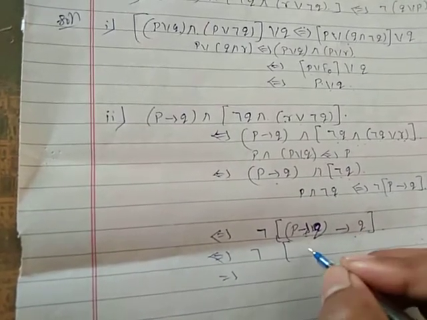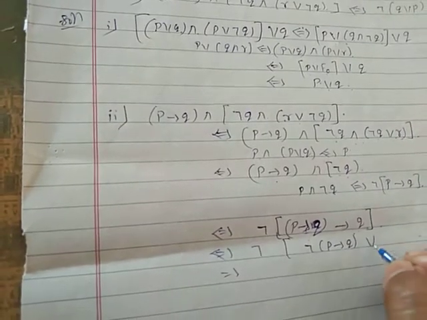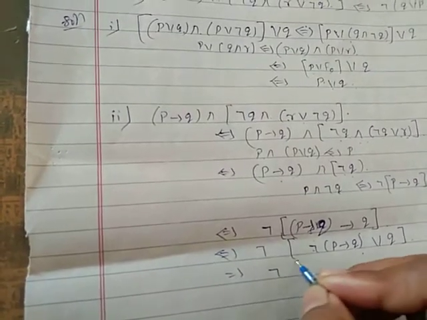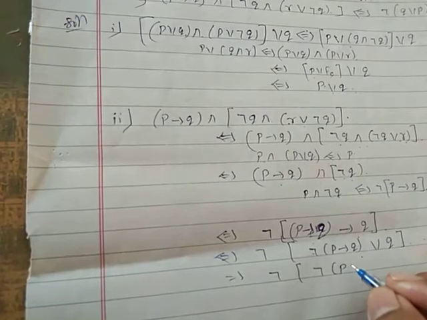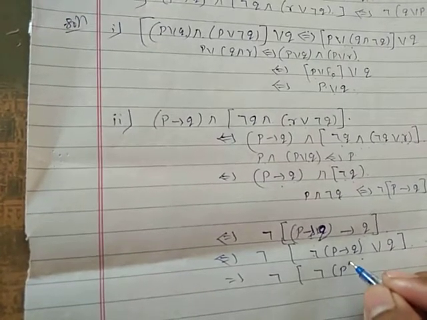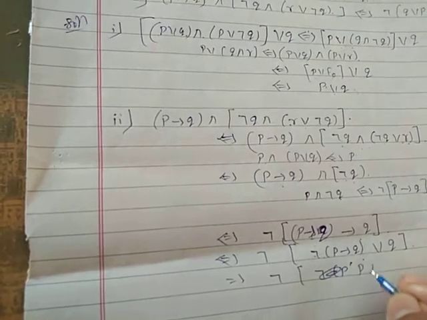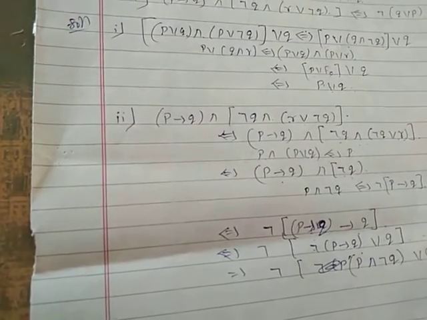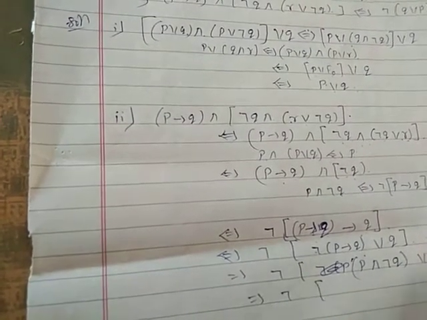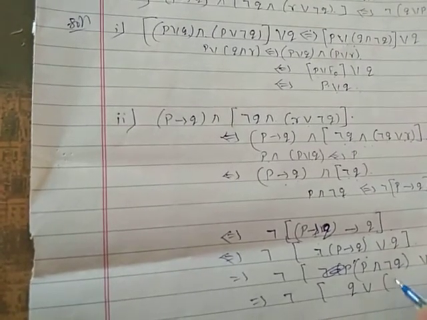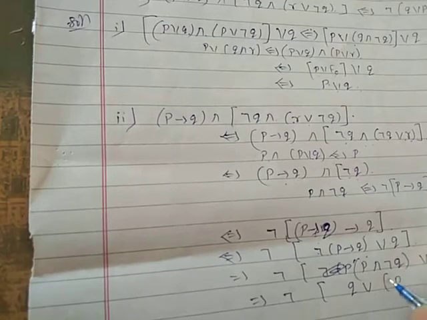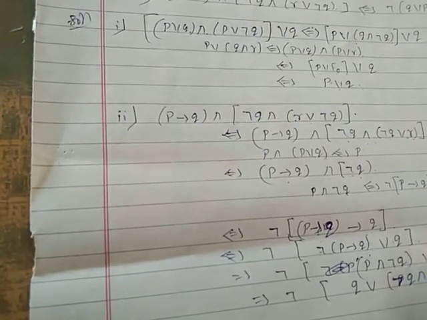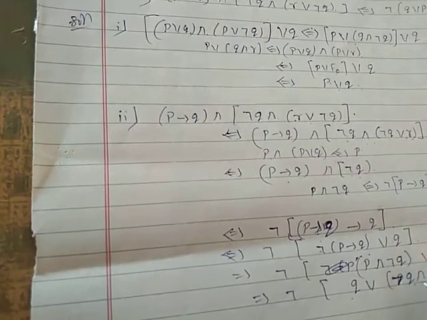P implies Q is negation of P or Q. So negation of (P implies Q) is again negation of (negation of P or Q), which is P and negation of Q, or Q. This can also be written with the commutative law as Q or (P and negation of Q), which can also be written with the commutative law as negation of Q and P. First this will be used as a commutative and now this one will be used as a commutative.